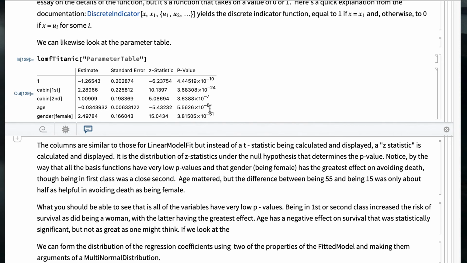Statistically significant, yes. Being in first or second class was a good thing. Being in second class was almost as good as being a woman. And being in third class, that's sort of our base level, not so good. And so that's what affected, in this simple model, whether you lived or died on the Titanic.